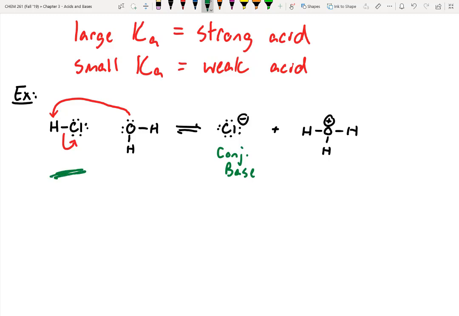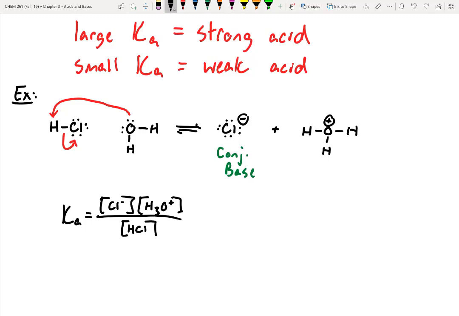It means that HCl must be a strong acid, right? And in fact, we can measure Ka here. We can say, all right, Ka is going to be the concentration of Cl- times the concentration of hydronium over the concentration of HCl. And if you look this up in a table, it's about 100 million.